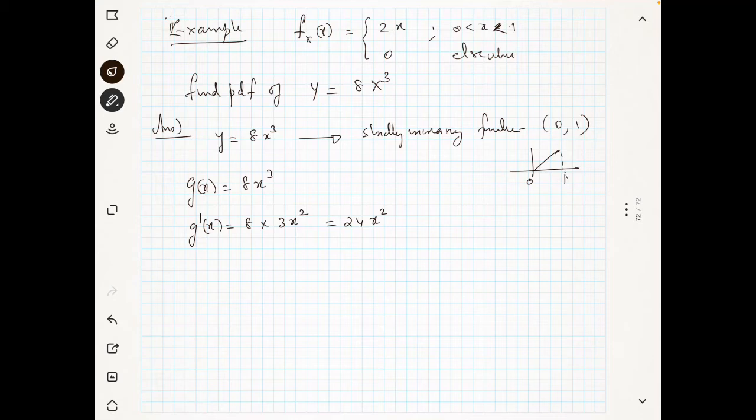Now what are all the roots of this equation? You see here x is taking only positive values. So y equal to 8 into x cube will also take only positive values, because x is always positive. Now we have g of x equal to 8 into x cube.